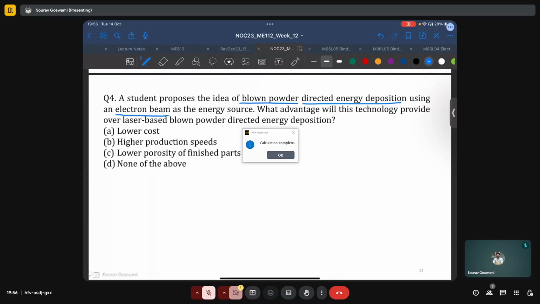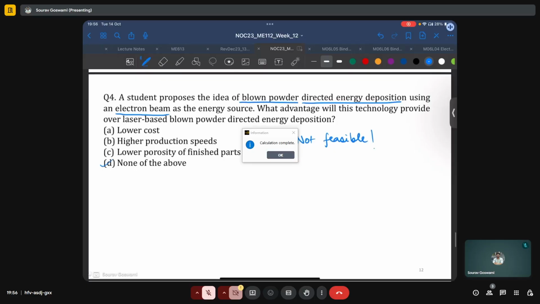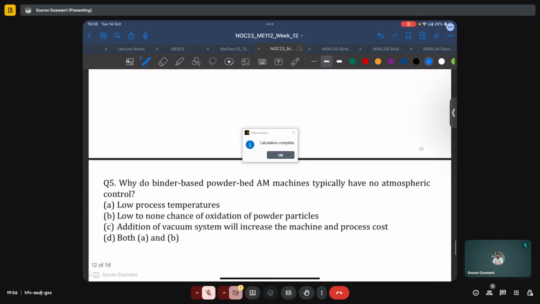And so, a blown powder DED process will invariably use some pneumatic means of transferring this powder using a carrier gas, which will disrupt the vacuum, and so it will not be feasible. Thus, the process itself is not feasible. And option D is the correct option.